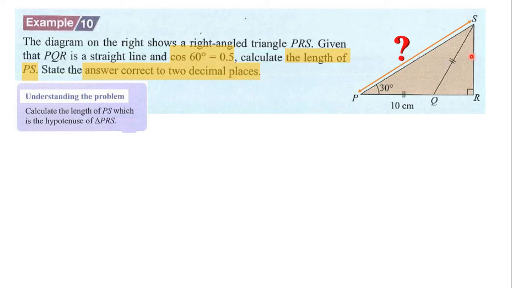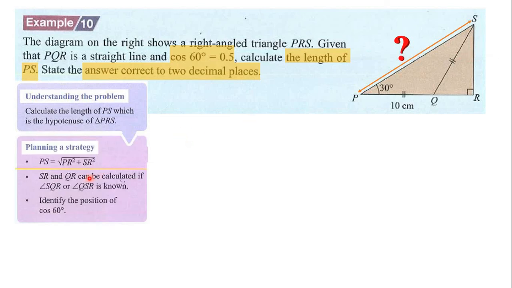Alright. Next, plan a strategy. You know that PS equals square root of PR square plus SR square. SR and QR can be calculated if angle SQR or angle QSR is known, but you do not know the angle.